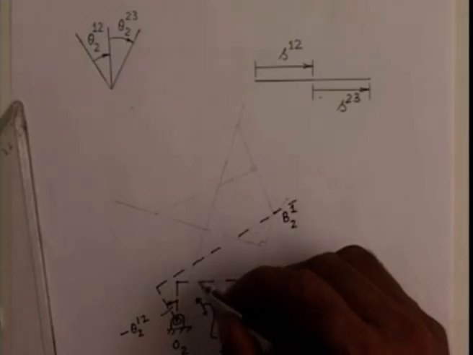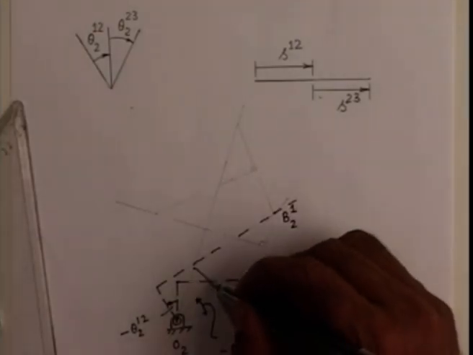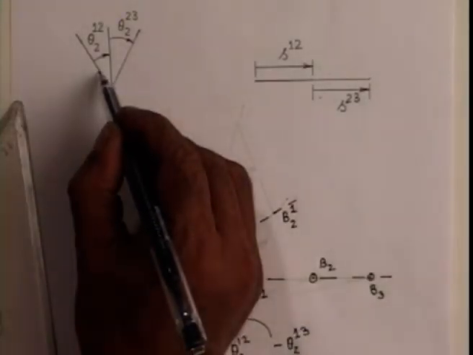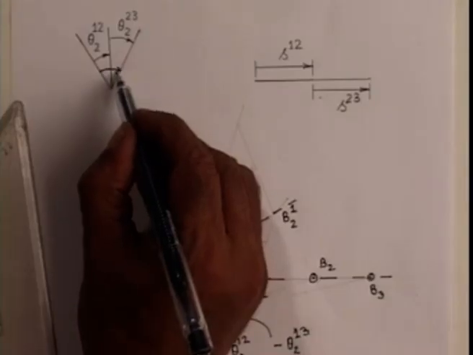Similarly, by rotating O2 B3, this is the line O2 B3, this was the line O2 B2. So, this whole angle is minus theta 1,3, which is theta 1,3 is this angle, which is clockwise.